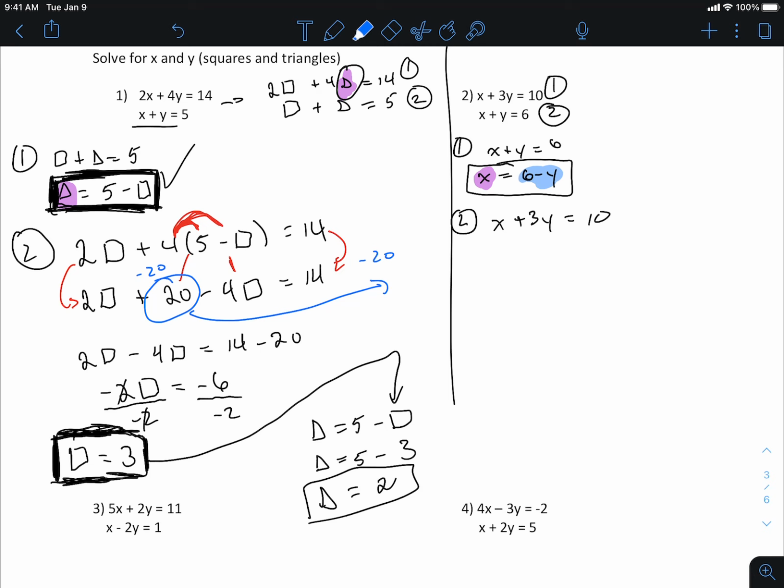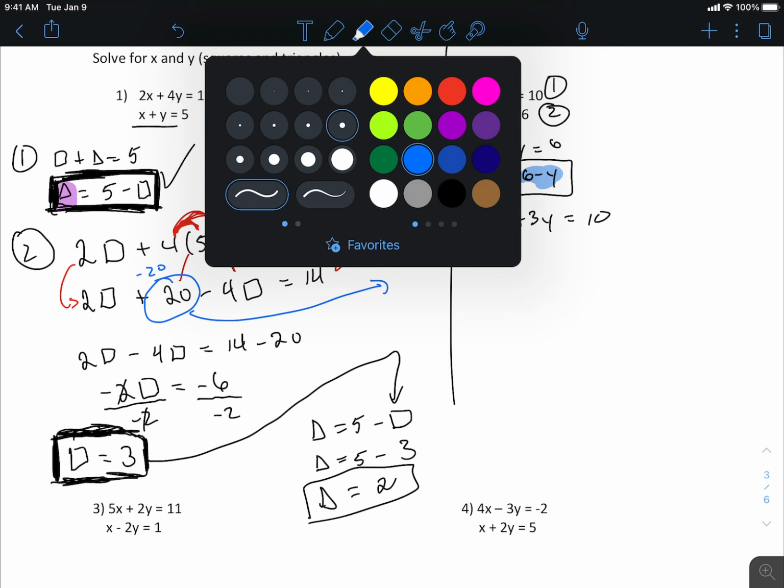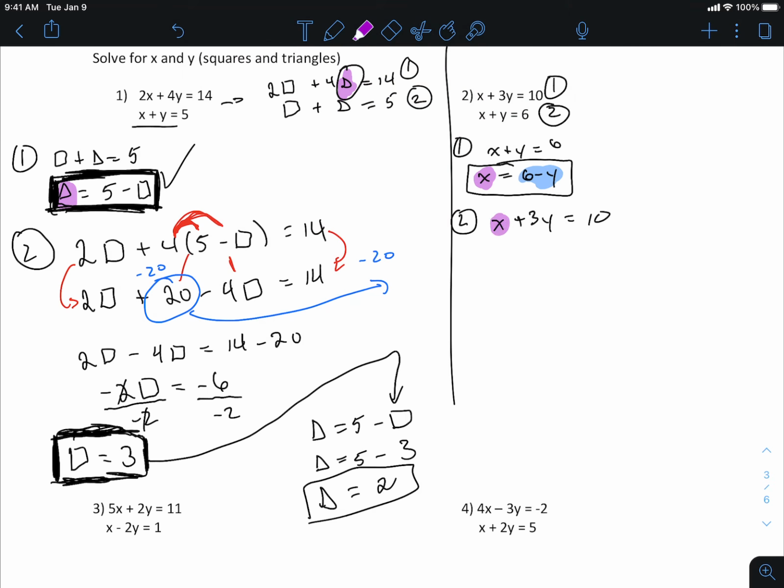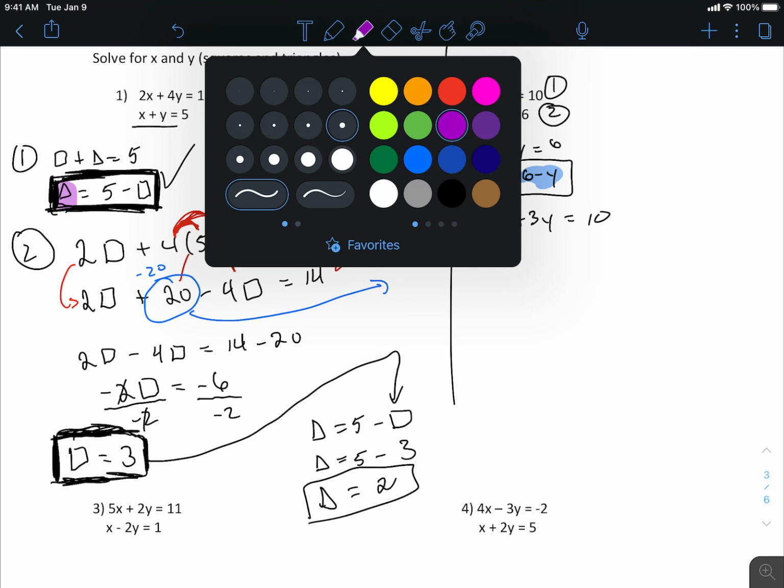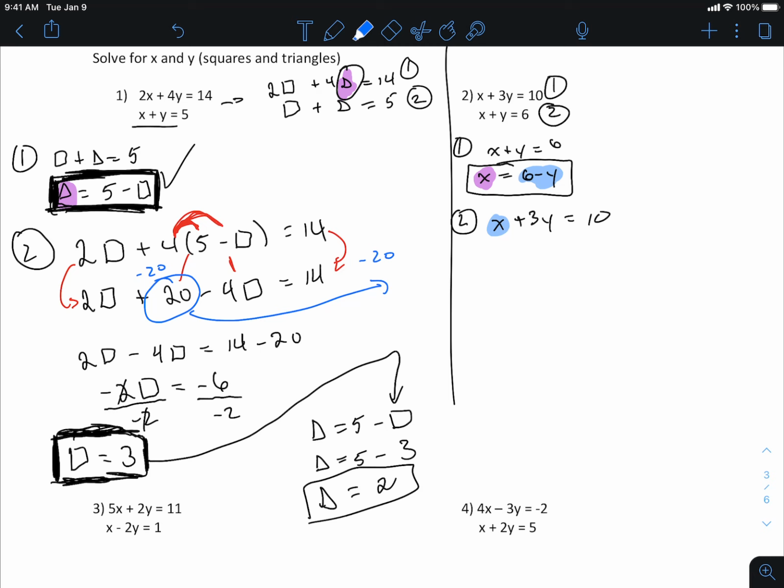So take the fact that the x is purple and turn it into blue, because purple is equal to blue. So you're just going to rewrite it now: 6 minus y plus 3y is equal to 10.